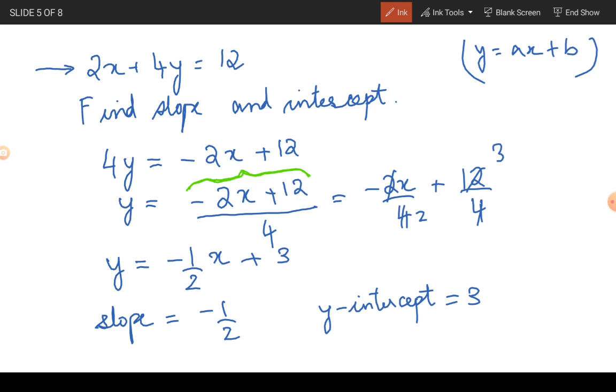Now remember, y-intercept is the value of y when the value of x equals 0. What I mean is, suppose I have drawn this function.